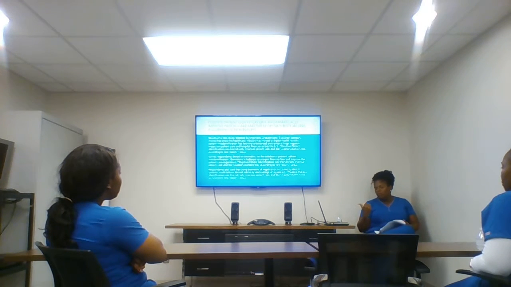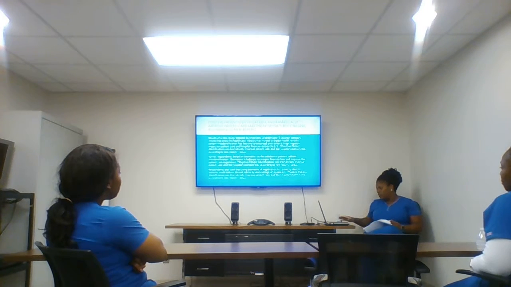In this one, some of the survey respondents suggested that biometrics be used to identify patients as well. Respondents also stated that using biometrics at registration to correctly identify patients could result in reduced denied claims by an average of 25%. And that is an improvement for patient care and for hospitals' bottom line.